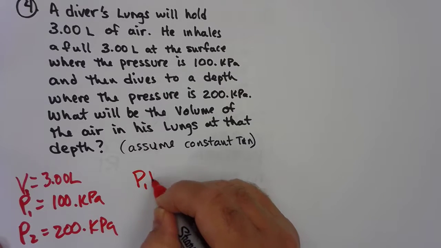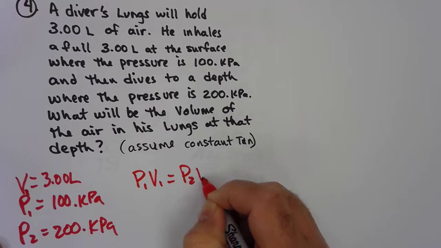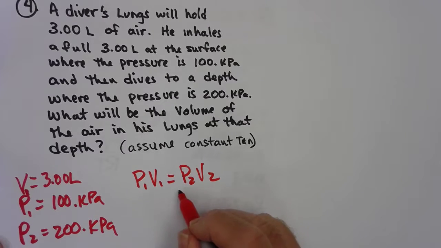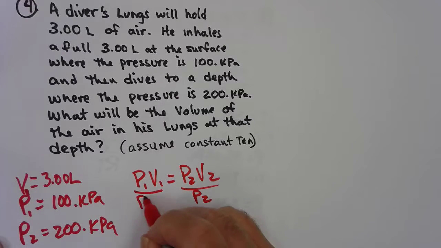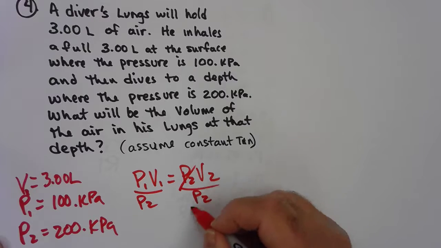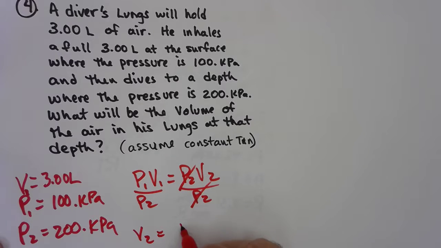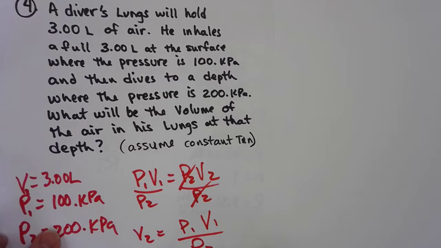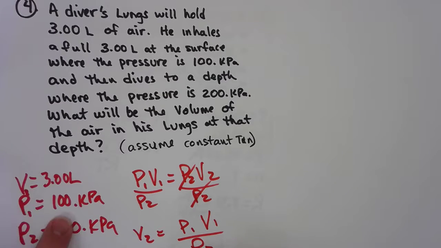Well, it's P's and V's. And we want V2, so we're going to divide both sides by P2. So V2 equals P1 V1 over P2. Let's say P1, 100.